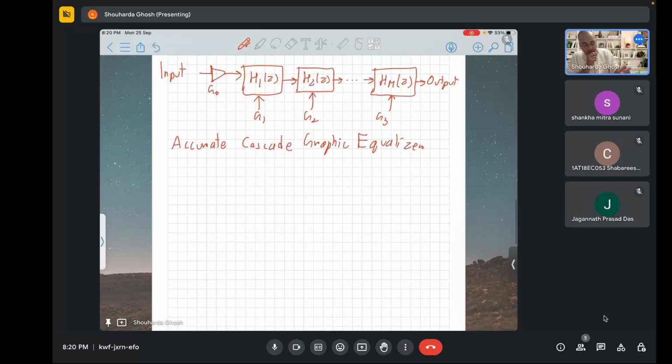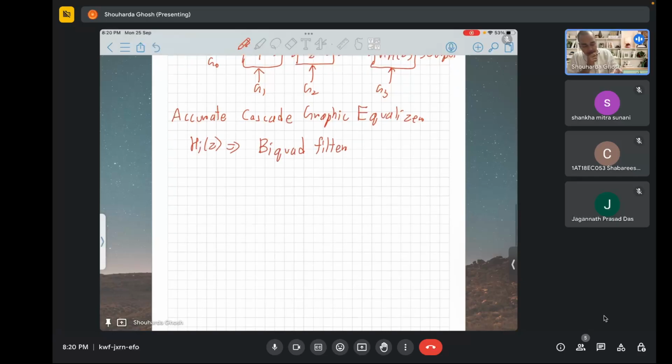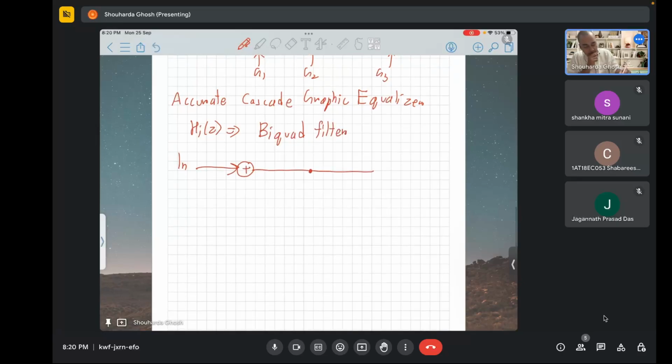Okay, and how can each, let's say the ith filter, look like? It's a biquad filter. And how does a biquad filter look like? This is a very familiar structure. I'm sure by now you all are familiar with it, because we have done lots of assignments with these structures.